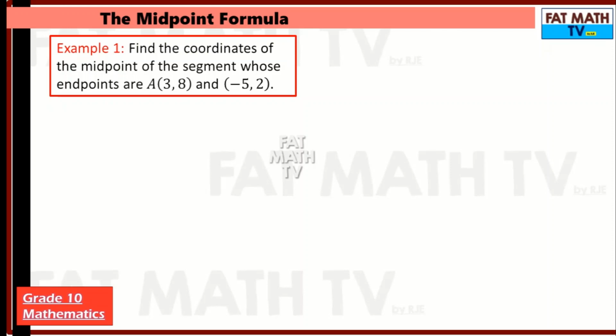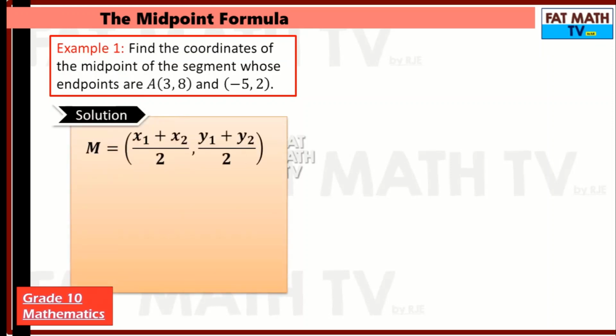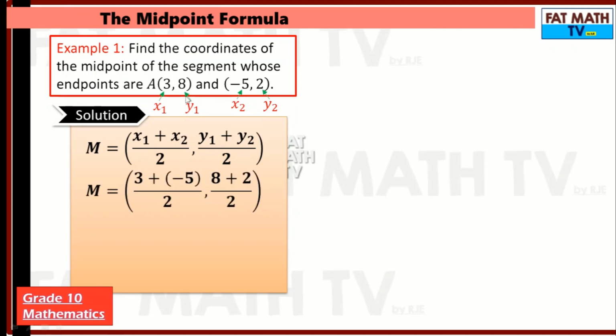Example, find the coordinates of the midpoint of the segment whose endpoints are 3, 8, and negative 5, 2. For the x, we will add the two x's and divide by 2. The two x's are 3 and negative 5. And for the y coordinate, add 8 and 2 and then divide by 2.